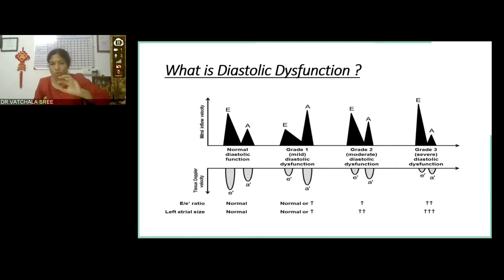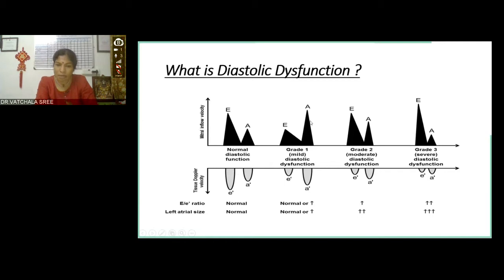Because less blood goes into the LV, more blood stays in the left atrium, which now has to contract more effectively than normal to push the blood into the LV cavity. Therefore, in grade 1 diastolic dysfunction, you have a small E wave and a bigger A wave.